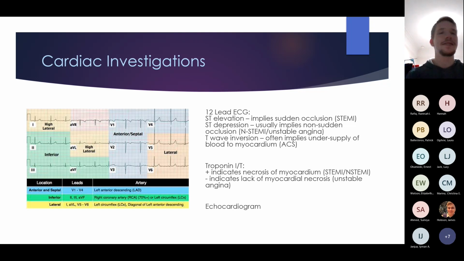They used to use creatine kinase, but they've stopped because that can be raised in a lot of different conditions, not just acute coronary syndromes. And an echocardiogram you could do if you suspected a valvular defect or a defect in the wall. I've not put it on there, but on a chest X-ray for cardiac, you might see some effusions if there's been a large myocardial infarction or something like that.